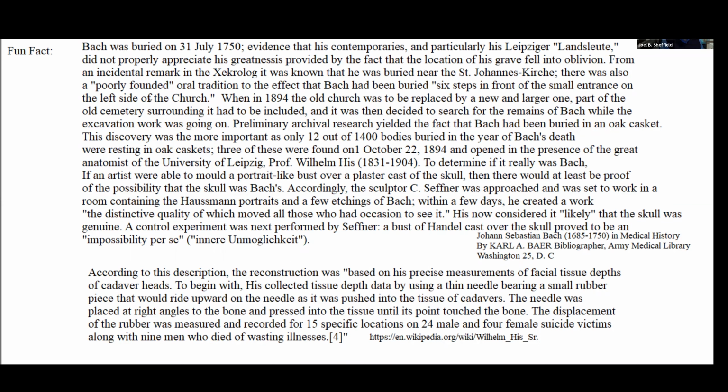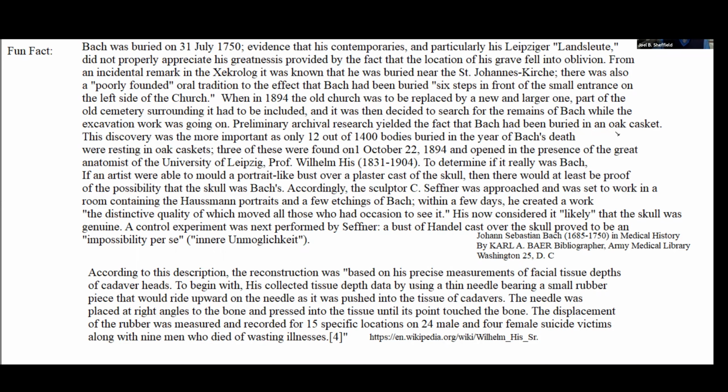And there was, I love this phrase, a poorly founded oral tradition to the effect that he'd been buried 6 steps to the front and from a small entrance on the left side of the church. Well, there's a lot of people buried there. But it then turned out that there was one more bit of rumor about Bach's burial, which is that he had been buried in an oak casket, and not that many were found for that same year.